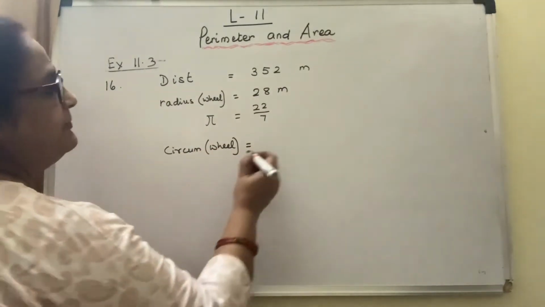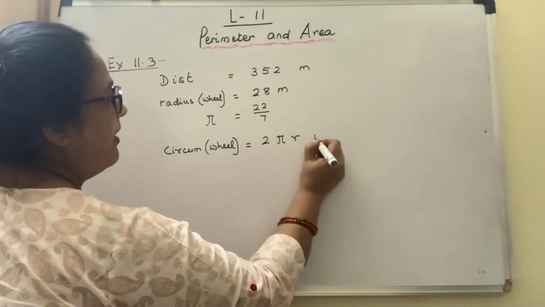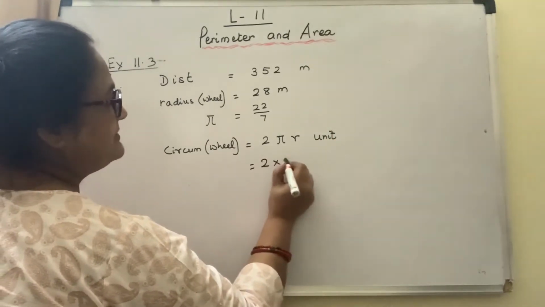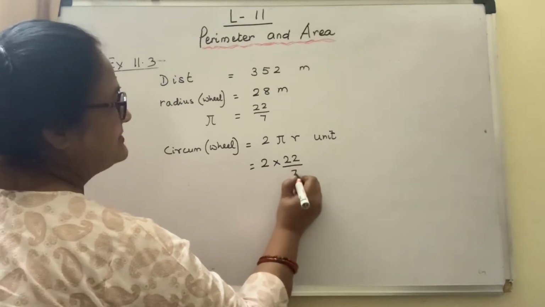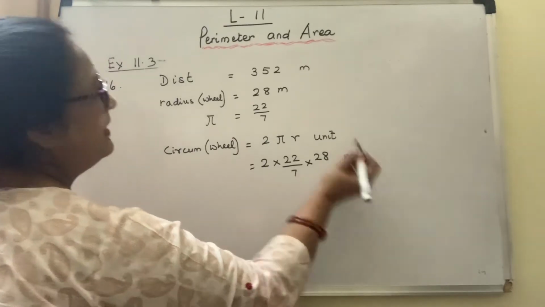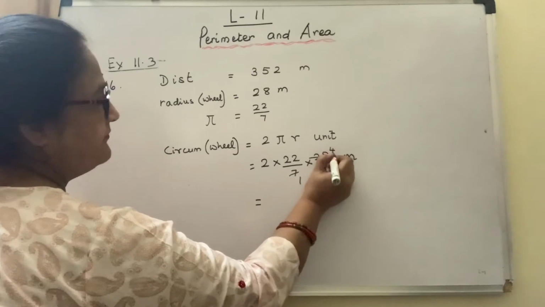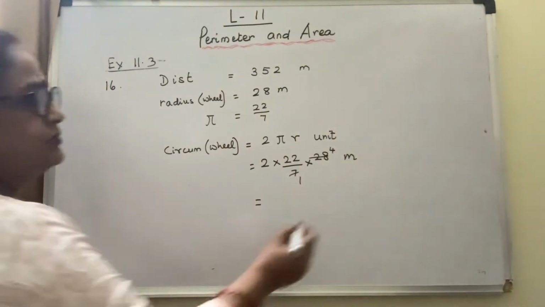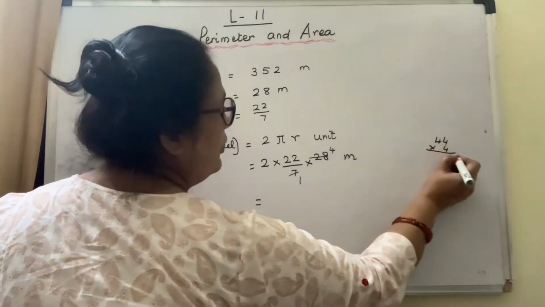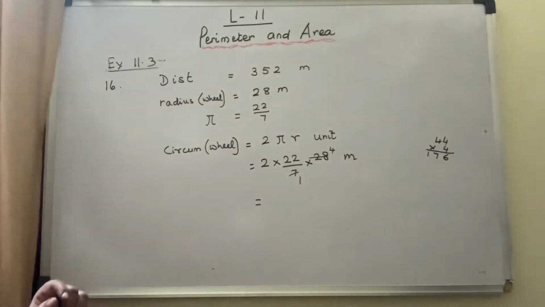Circumference of the wheel will be given as 2 pi r, which is 2 multiplied by 22 upon 7 multiplied by the radius, that is 28. 7 ones are 7, 7 fours are 28. So you have 44 multiplied by 4, which is 176.